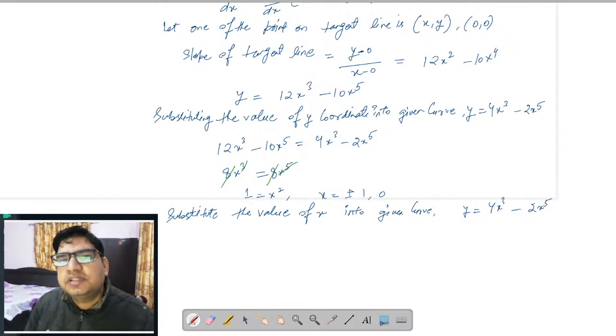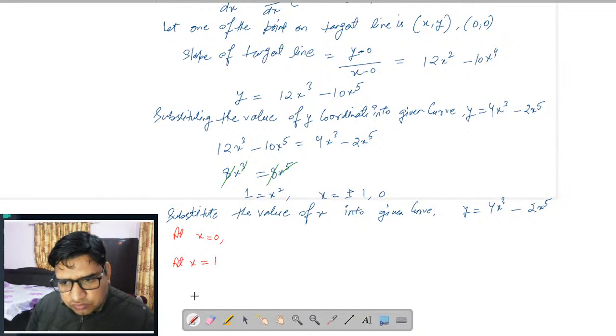So we'll simply write at x is equal to 0, at x is equal to 1 and at x is equal to minus 1. Okay, we'll simply write that.